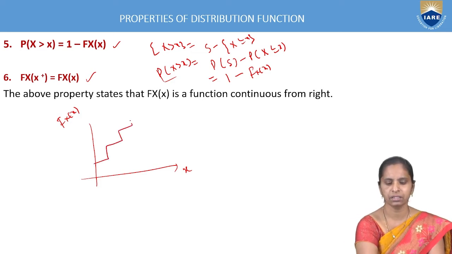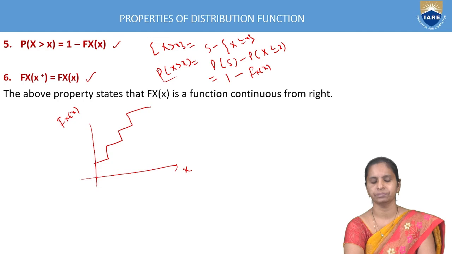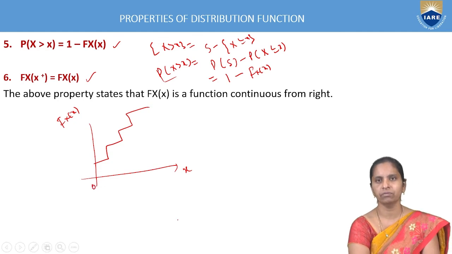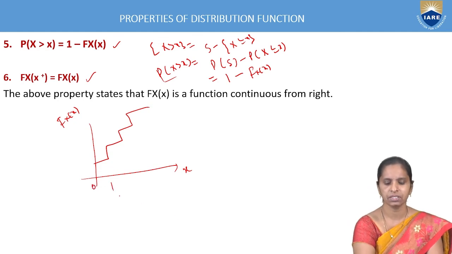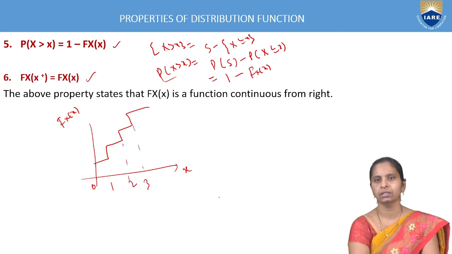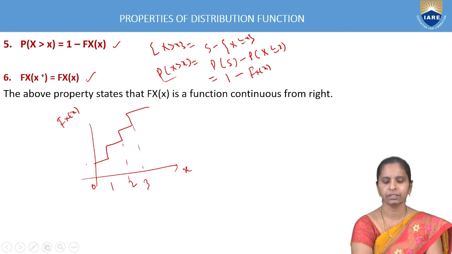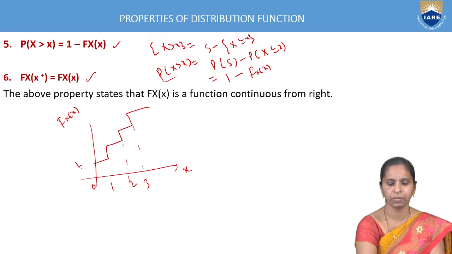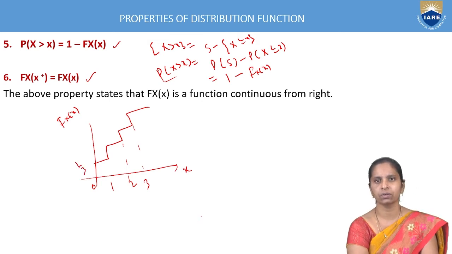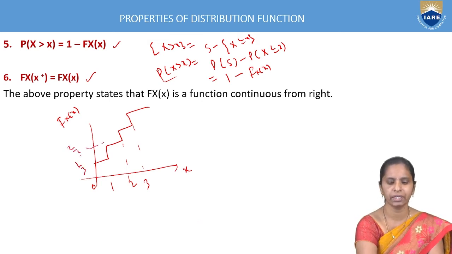Let us consider this is the value at x equals 0, this is at x equals 1, this at x equals 2, and this at x equals 3, and so on. Let us consider the value at x equals 1 is 1 by 3, at x equals 2 it is 2 by 3, and at x equals 3 it is 3 by 3.